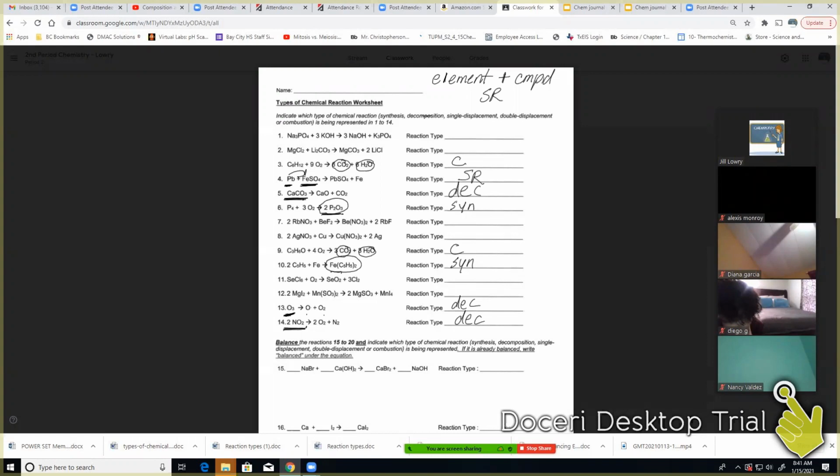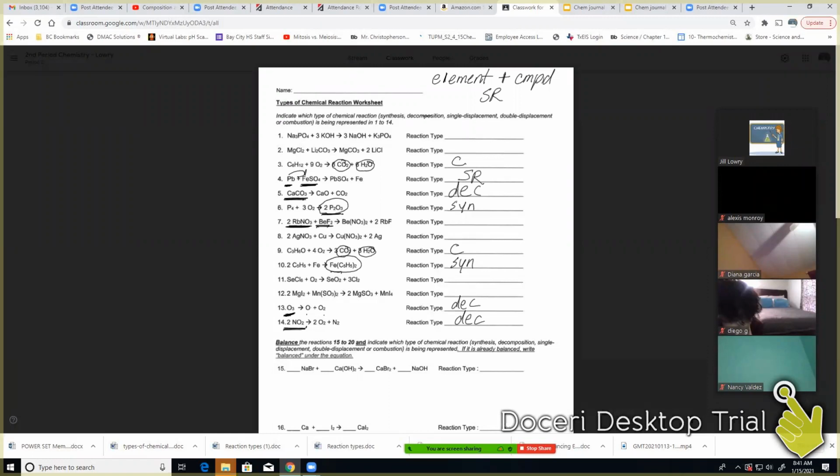Would number 7 be one? If I look at number 7, I've got a compound, right? But this is another compound, so that ends up being a double replacement, not a single replacement. Does anybody else see another single replacement one? Number 8 is one.